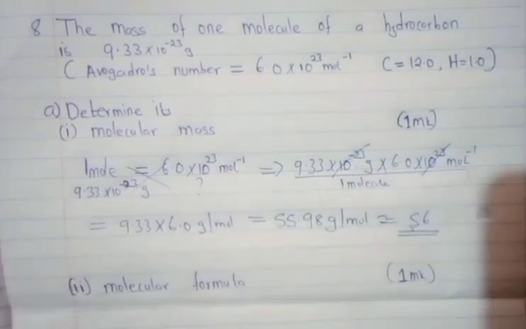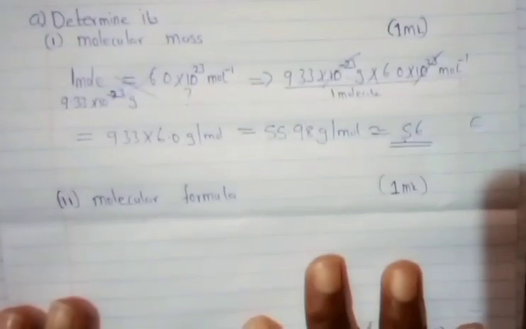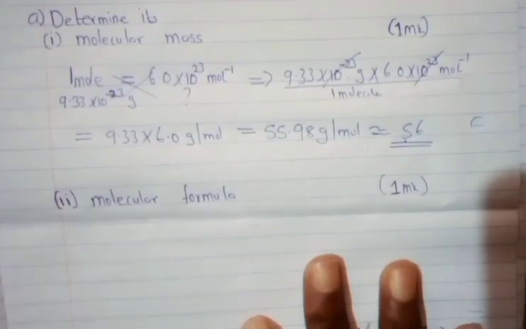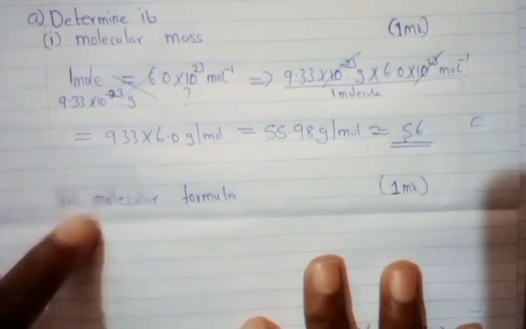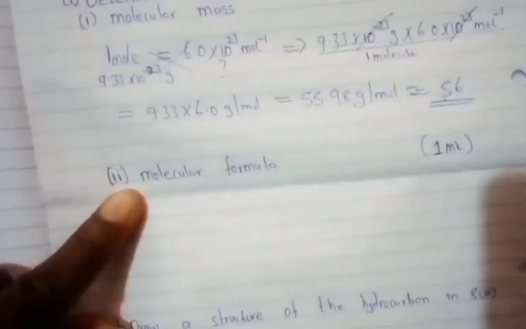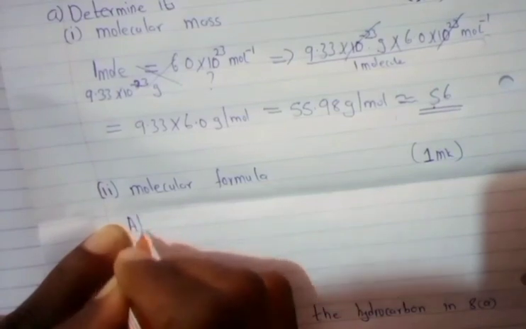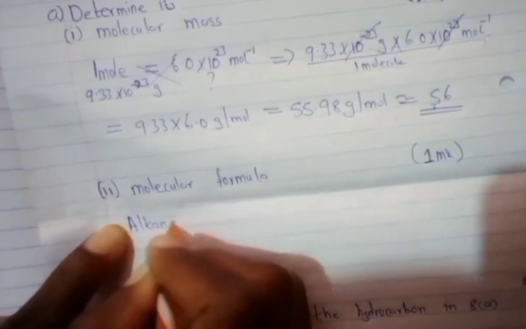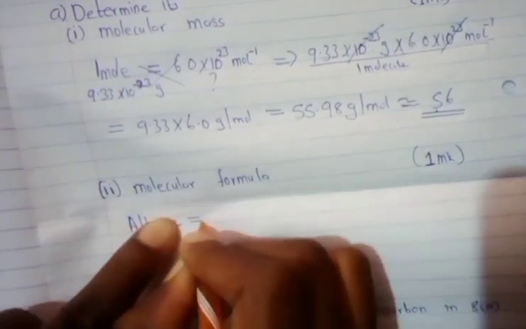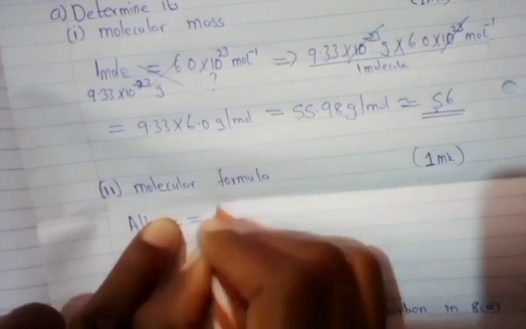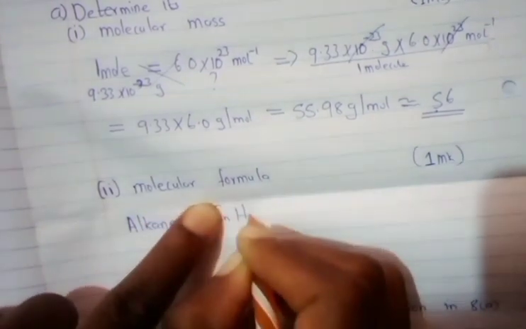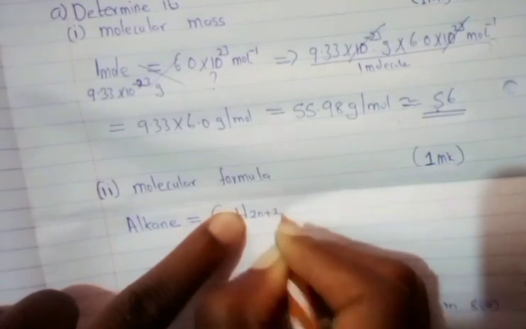So let's go to Roman 2 of the question. Molecular formula. So you determine its molecular formula. Now here, the question carried 1 mark. We have said the molecular formula of alkane is CnH2n plus 2.